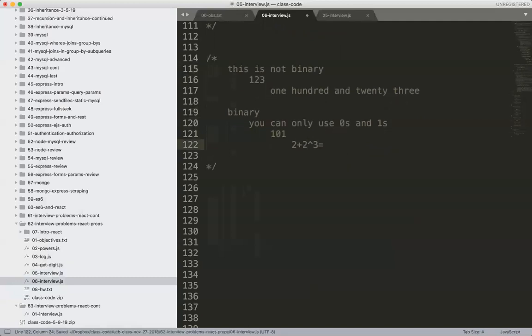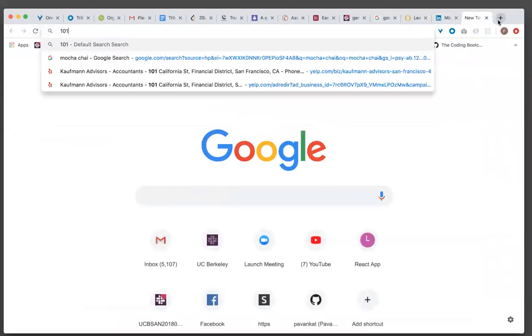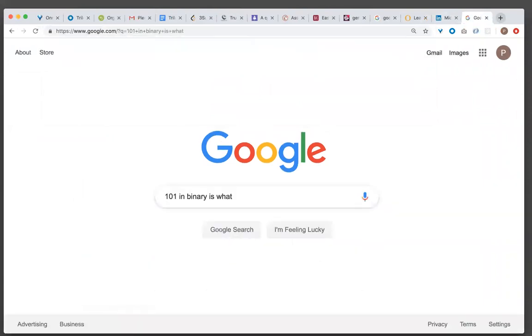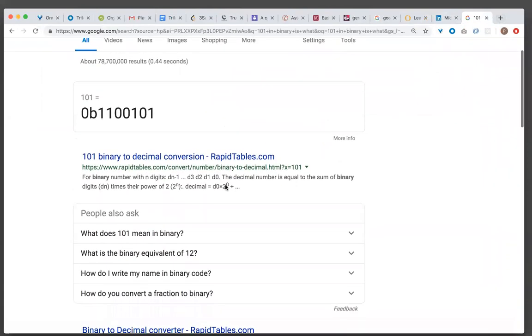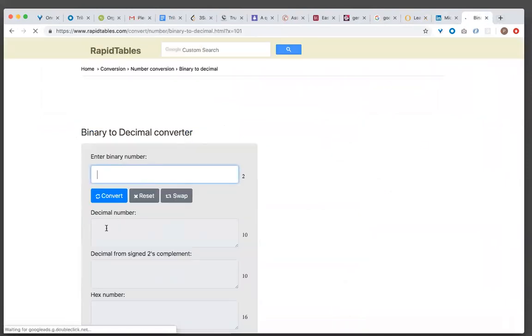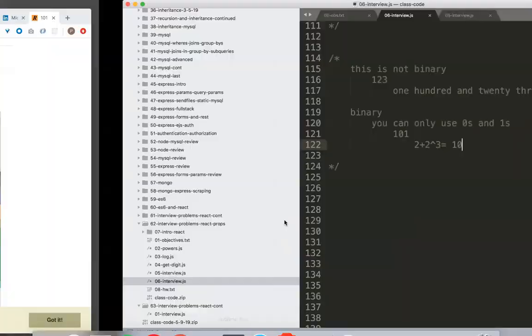I think this is 7. Wait, hold on. Let me just make sure before I just lie to you guys. Hold on. 101 in binary is what? Binary to decimal conversion. 5, so I messed this up somehow.